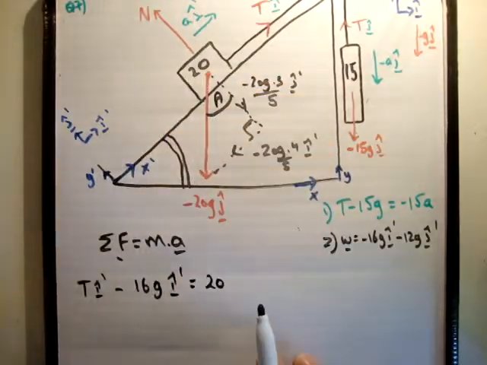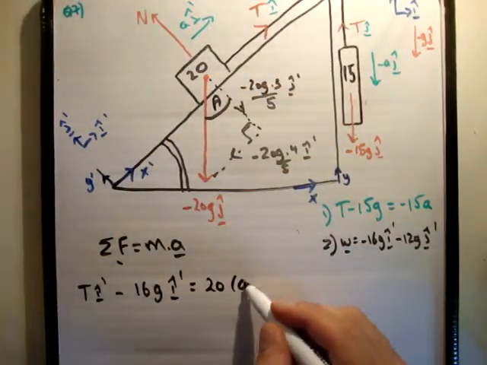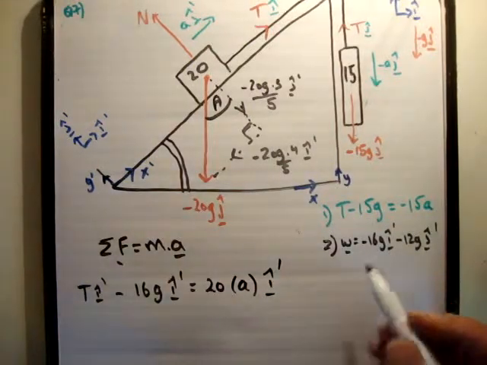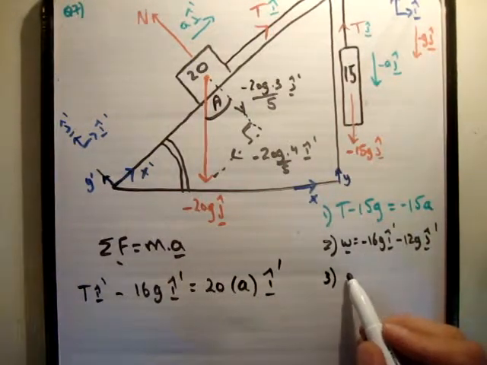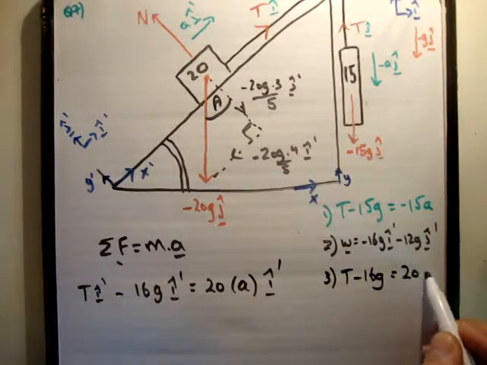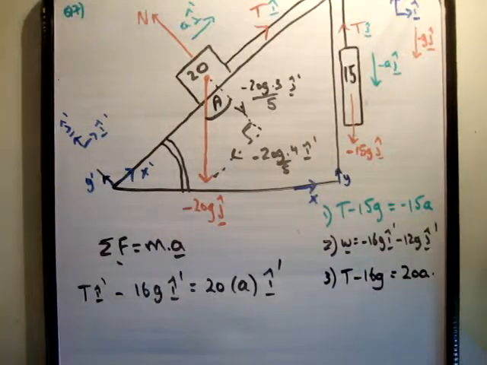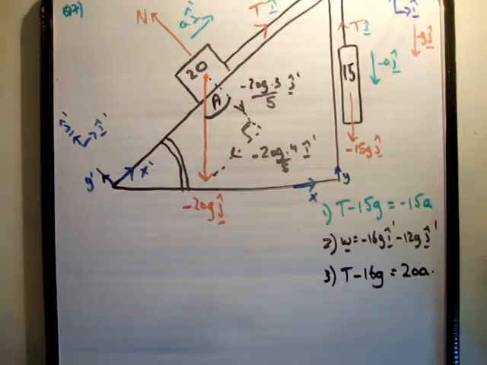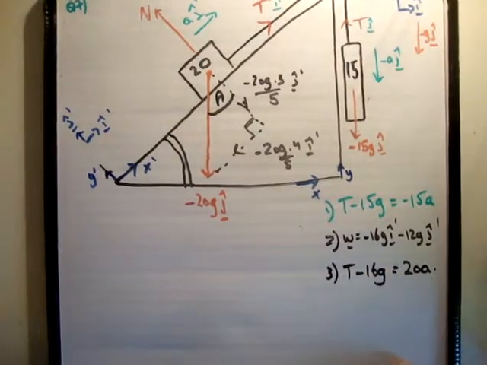I said it's going in an a i hat prime direction, so it's just going to be 20a i hat prime. So the third equation is T minus 16g is equal to 20 times a. If you do the sum of the forces in the j hat prime direction, you're just going to get the normal vector, which we don't need. So let's just solve these.